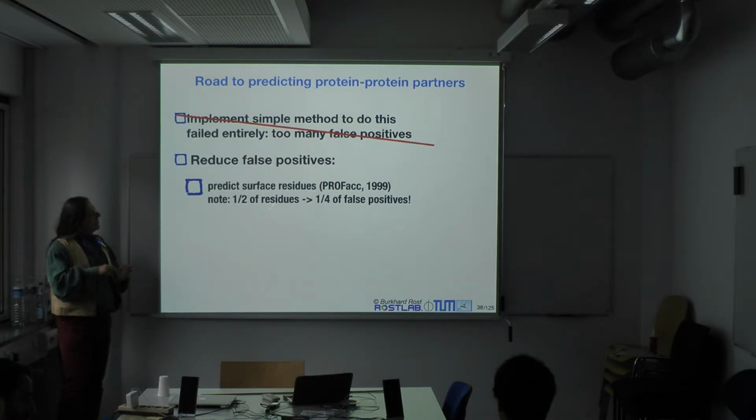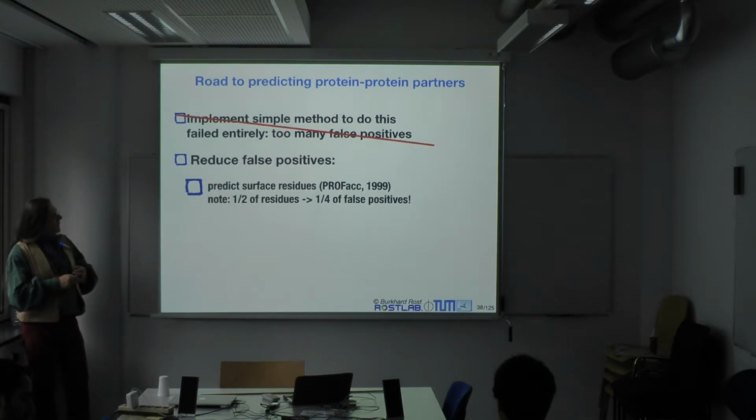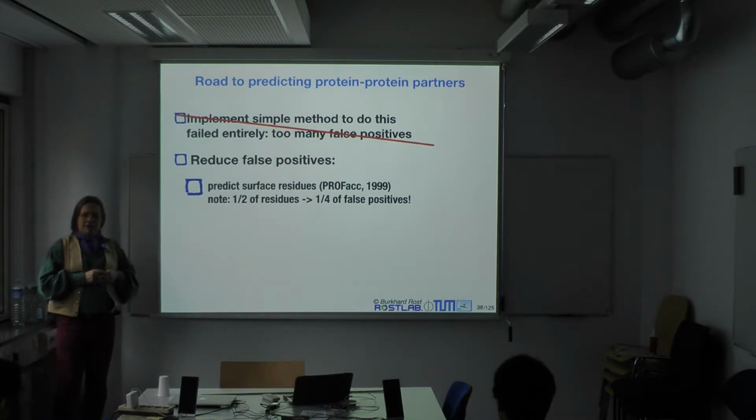So here's the first way in which I sort of reduced false positives. When you predict surface residues, you can say that about half of the residues are on the surface. Now, proteins interact through their surfaces. By simply cutting out everything else, you reduce the problem by a factor of 4. You essentially have only 1/4 of the data points left.